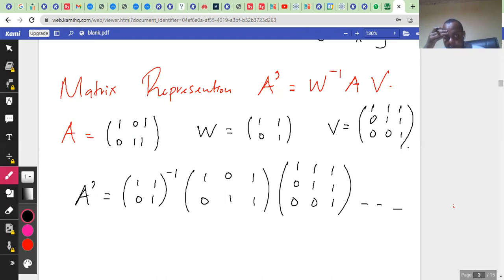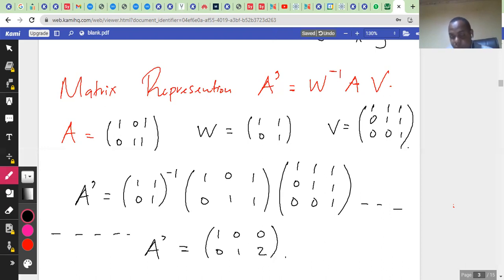So if you didn't see it before, you should make a note of it. For this question, you just needed to use that formula and then multiply them out. And in the end, the representation is going to be 1, 0, 0, 1, 0, 0, 1, 2 at the end. Okay, yes, I see.